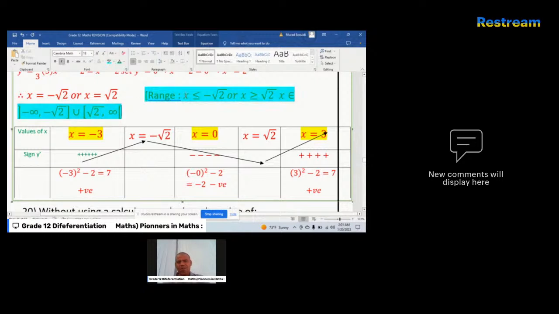So this is the range of my function. I will say that x is less than or equal to negative square root of 2, or x is more than or equal to root of 2.